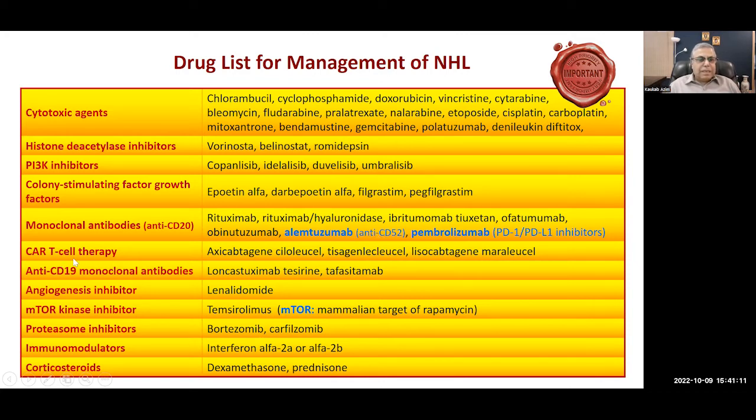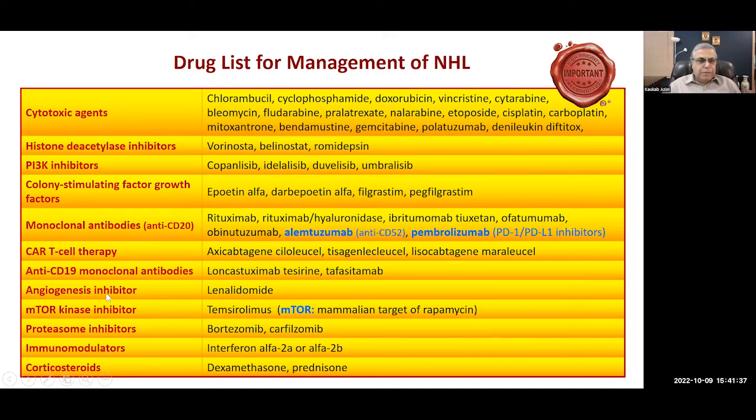Then you have seen CAR T cell therapy as well in previous lectures. These ones are specific for B cell lymphomas, CD19, loncastuximab, CD20. We have got 3 types of CD markers on the B cells: CD19, CD20, and CD21. Okay, so these are for CD19 and these are for CD20.